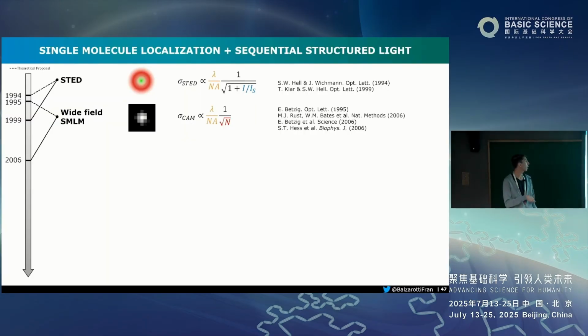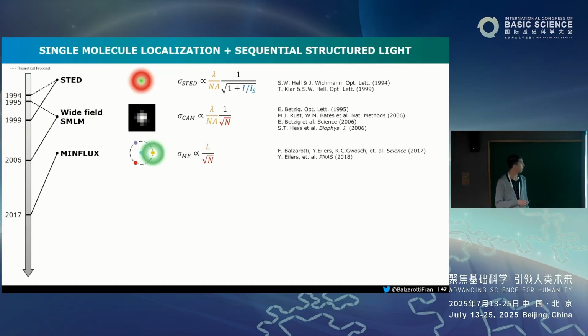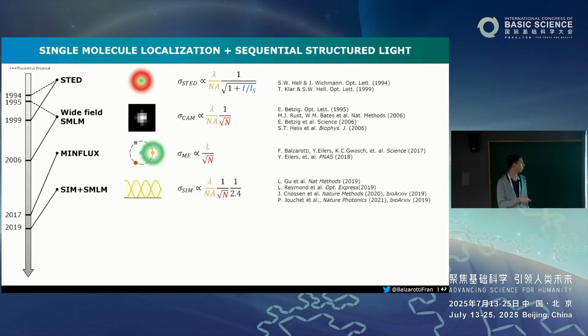And putting this on a timeline, comparing to other precisions and localizations, other strategies with different precisions and localizations. MINFLUX came obviously later based on everything that happened before. It modified the precision in an interesting way. People took this and merged structured illumination microscopy with single molecule localization to get better precisions.